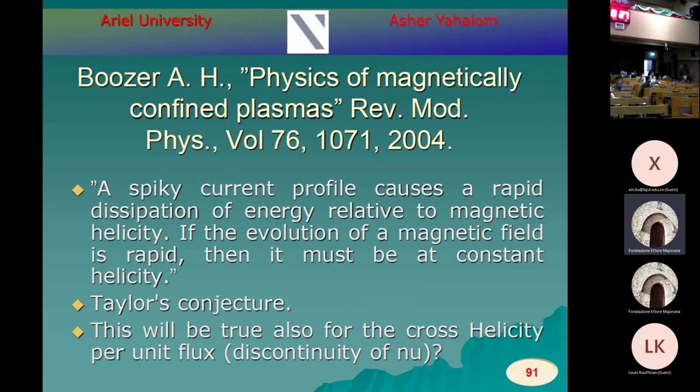And this is a quote from Bozer from 2004: a spiky current profile causes a rapid dissipation of energy relative to magnetic helicity. If the evolution of a magnetic field is rapid, then it must be at constant helicity. And Una mentioned the Taylor conjecture. And this will be true also for the cross-helicity per unit flux, but this is in question because we are not sure. I'll tell you why.